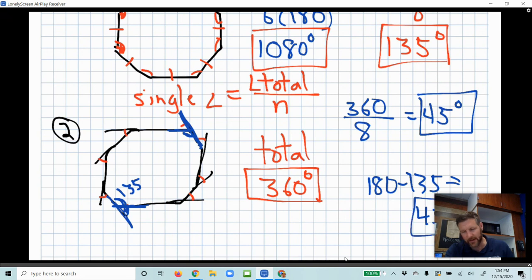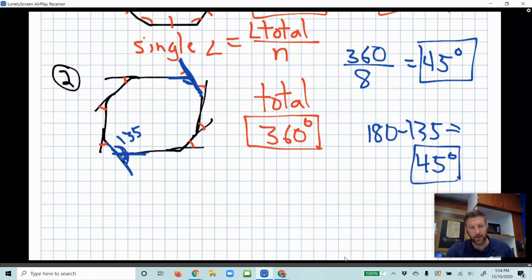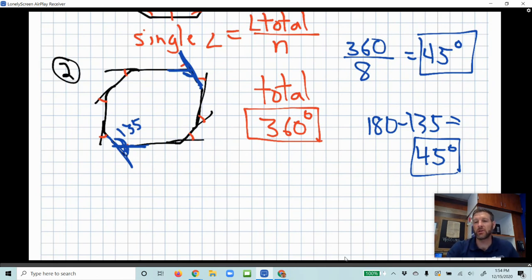If you know the interior angle, you can subtract it from 180 and you know the exterior. Or if you know the exterior angle, you can subtract from 180 and find the interior, because an interior and exterior angle will always add up to 180, always be supplementary.